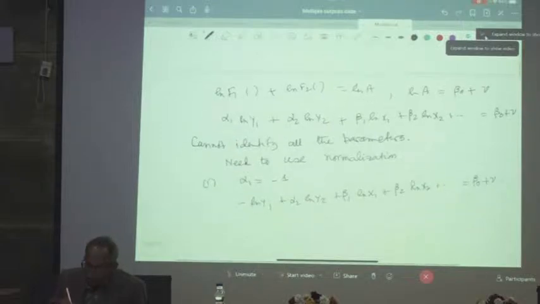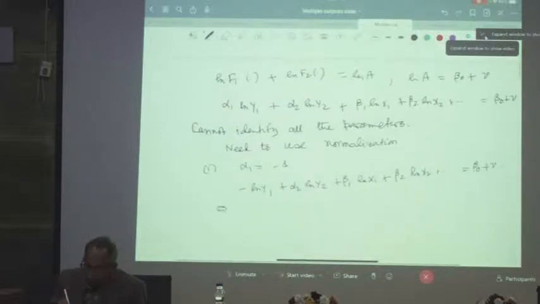Then log of y1 is equal to alpha 2 log of y2, because I'm taking this on the other side, plus beta 1 log of x1 plus beta 2 log of x2, minus beta 0 or minus b, because I'm bringing this to this side.